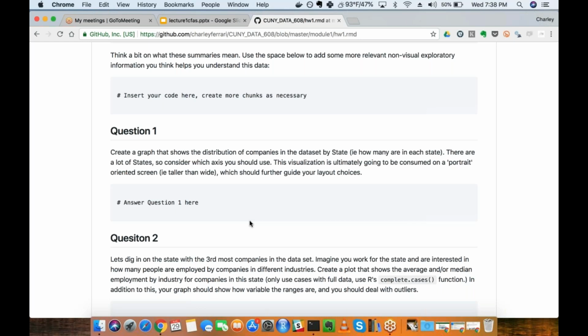There are some other specifics about which axis we should use. In particular, for question 1, this is assumed to be consumed on a tablet, so a more portrait-oriented screen. That's meant to guide a few of your visualization choices there.